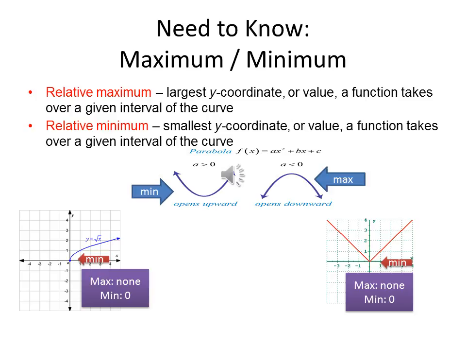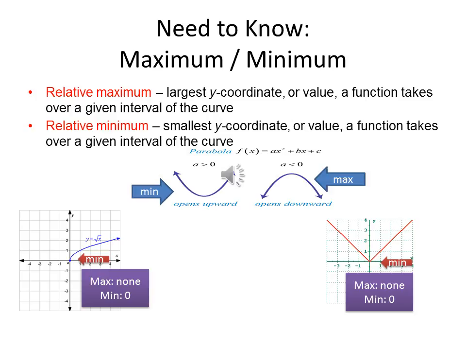Okay, now we're at the relative max and relative minimum. The relative maximum is the largest y-coordinate or value a function takes over a given interval of the curve. One of the main things you need to remember is the max occurs when the parabola is open downwards.